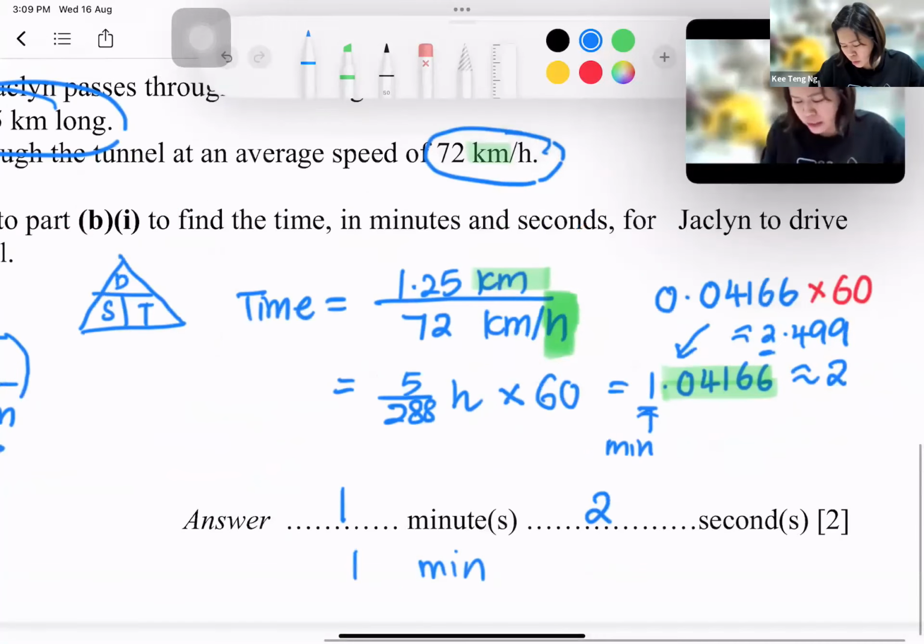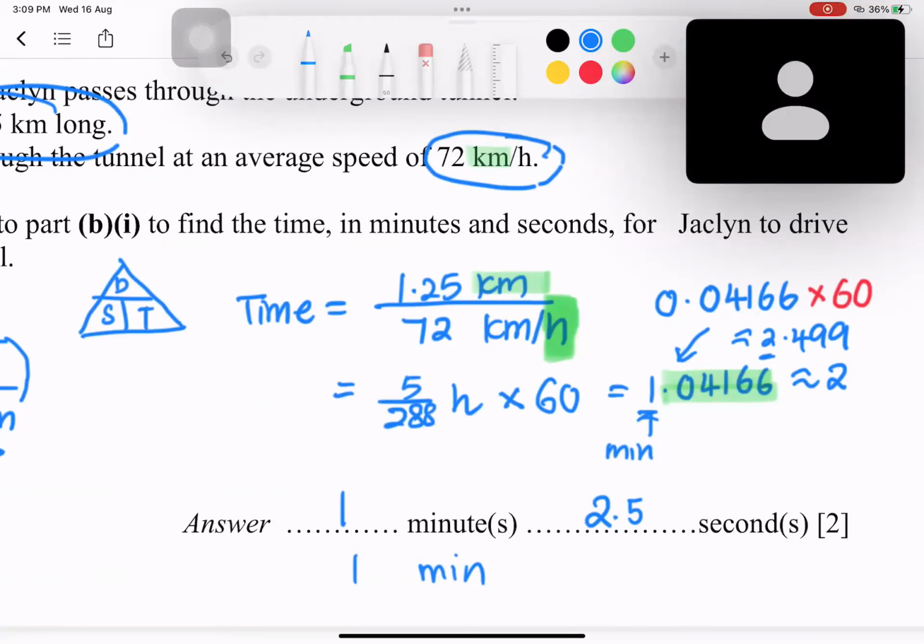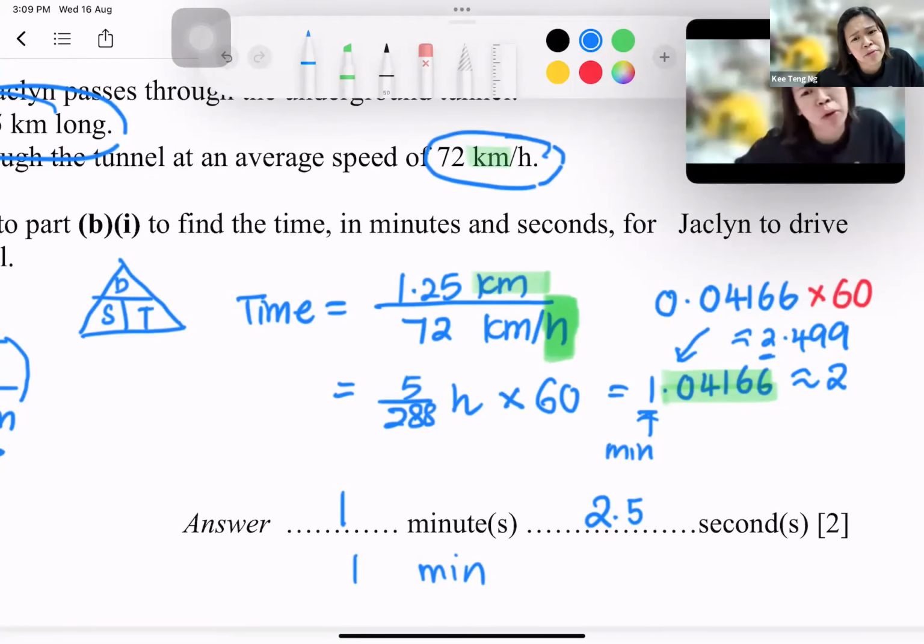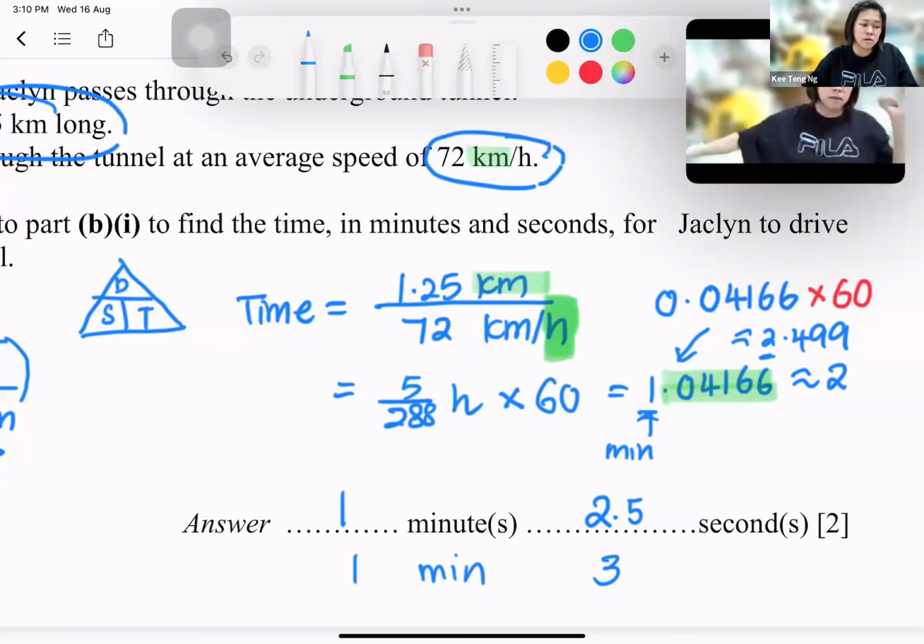But usually we don't measure 2.5 seconds like that; by the second is already very accurate. So in this case, I don't mind. I will accept answers of 1 minute 2 seconds or 1 minute 3 seconds. But since your calculator gives you 2.5 seconds, you can write 2.5 seconds also.